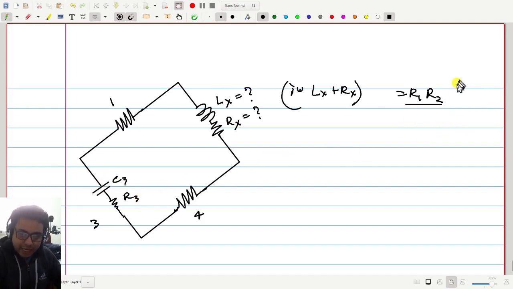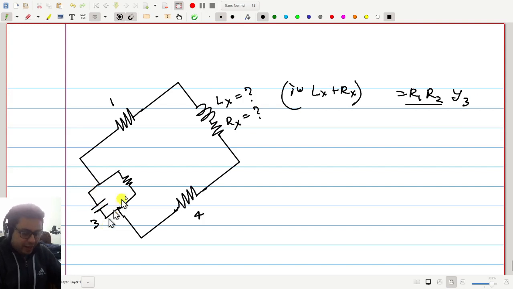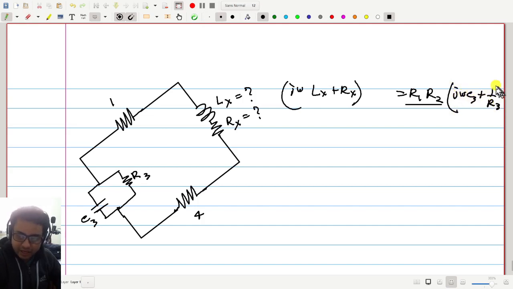choose to write this in the form of admittance? Okay, and then I also choose this to be a parallel combination of R and C, because whenever I use admittance, then if I take a parallel combination, the admittance is just the sum of two admittances. Okay, so then in place of Y3 I can write j omega C3 plus 1 by R3, and I am done.